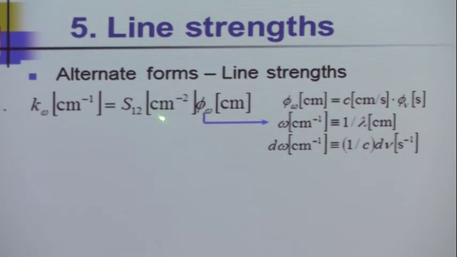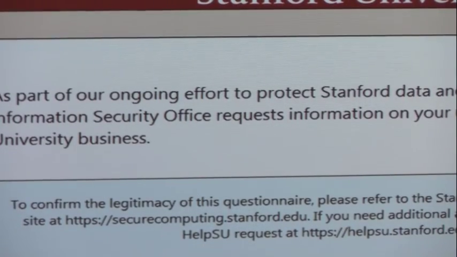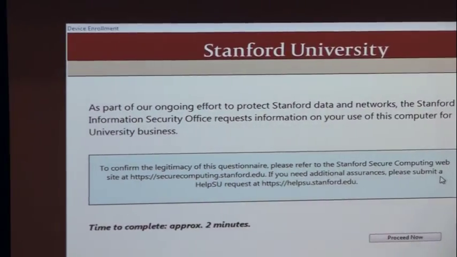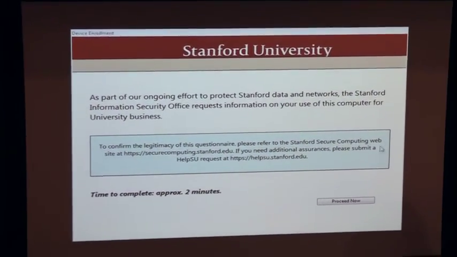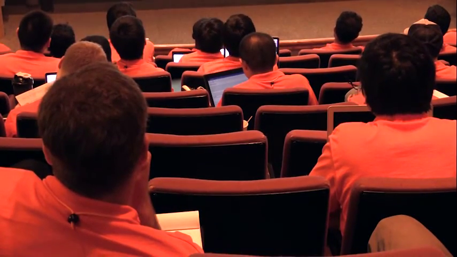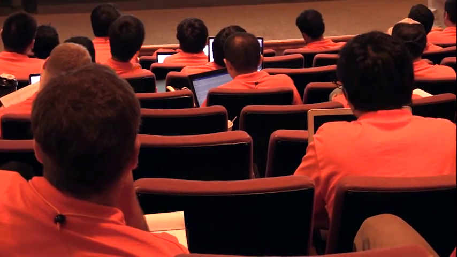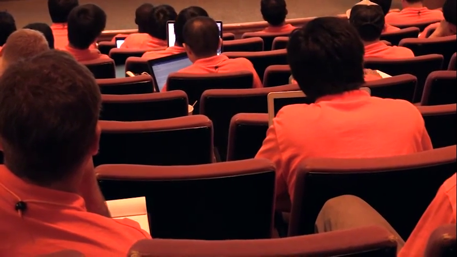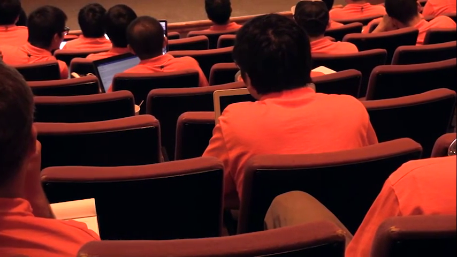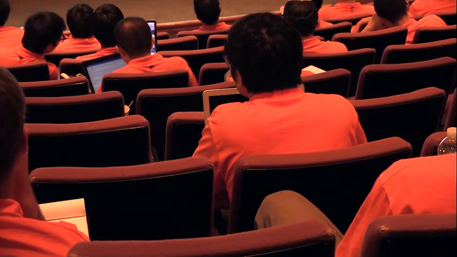S might be in centimeters to the minus 2, and the units of phi are always inverse, whether you're using frequency units of seconds or wave numbers. I'm just going to alert you that you really got to pay attention to the units. They keep changing.